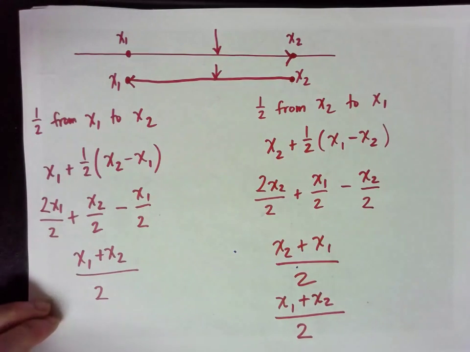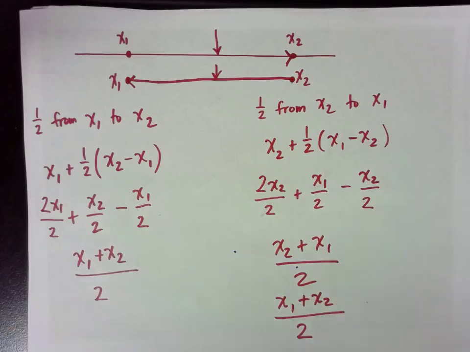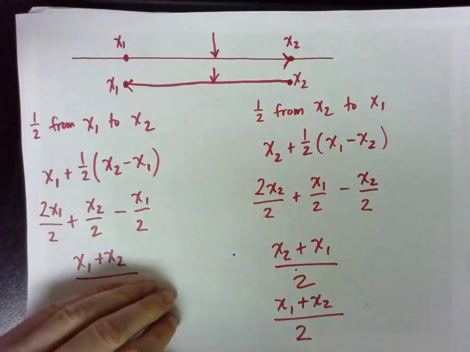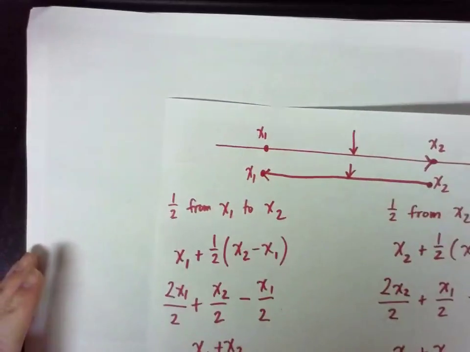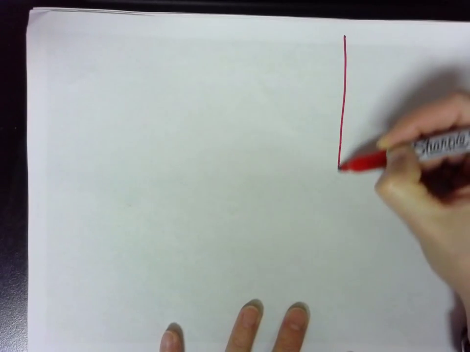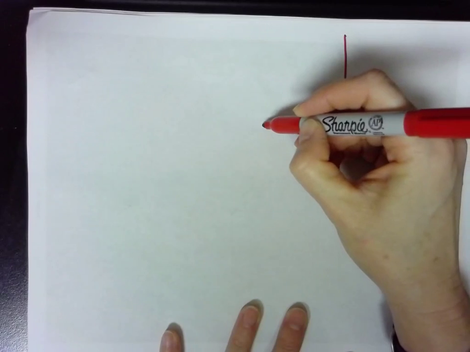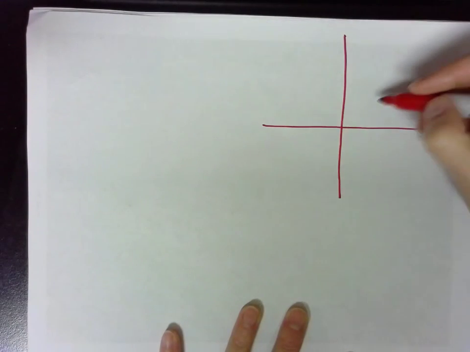Now hopefully this is ringing some bells and you remember that we did this in geometry, and I think we even reviewed this in Algebra 2. So that's for a number line, but how do we take this and extend it to two general points?